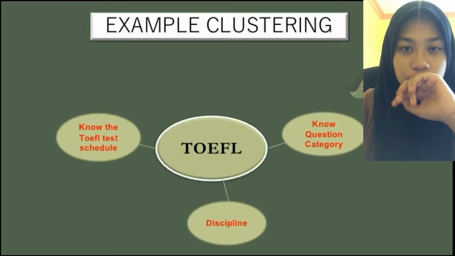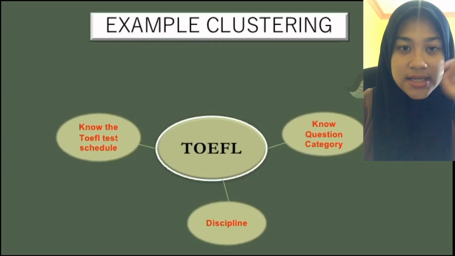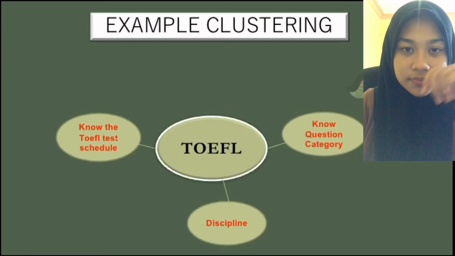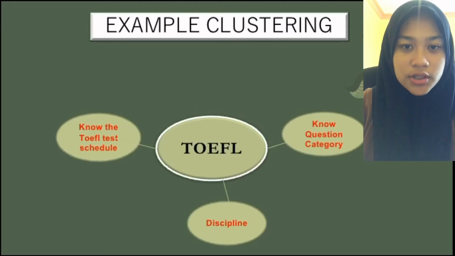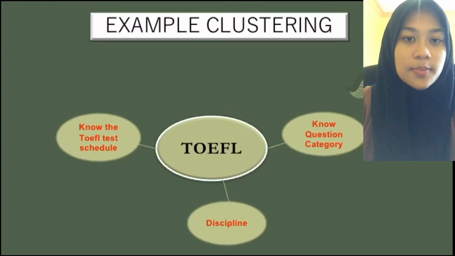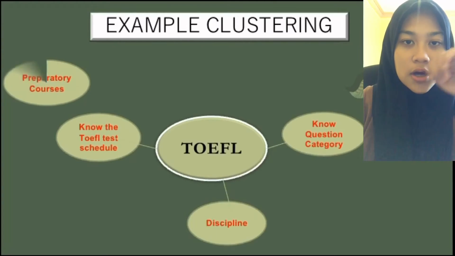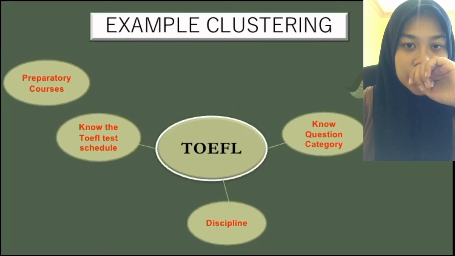Now I'm going to look at the different words in each main idea and see if I can find some other related ideas. For example, know the TOEFL test schedule. I think it would be good if the remaining time is used to take a preparatory course. Okay, I will write it down and connect that line.